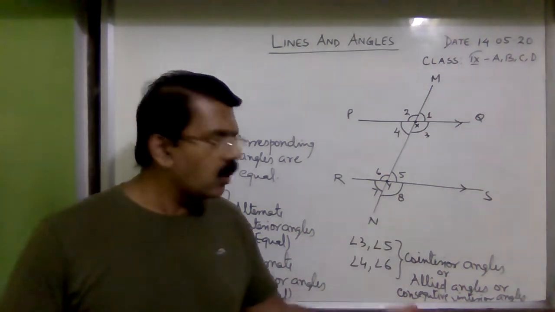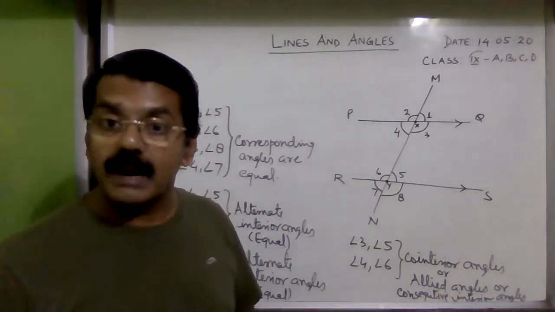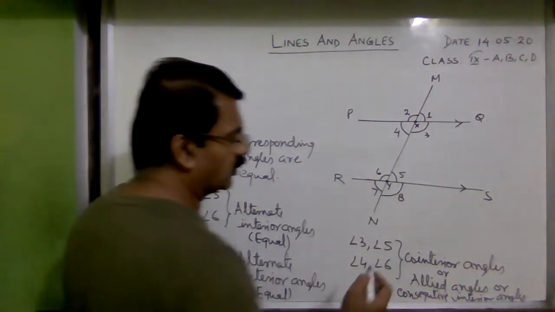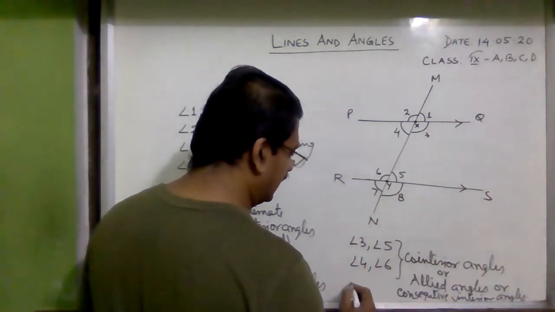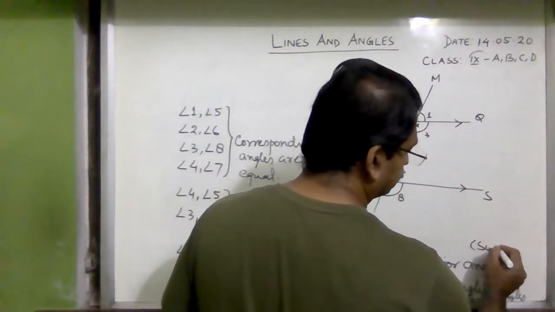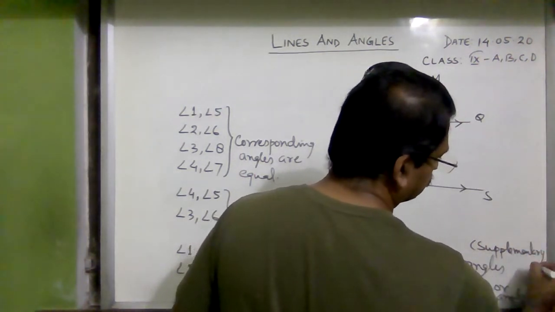But the co-interior angles or the allied angles are supplementary. Means their sum will be 180 degrees.